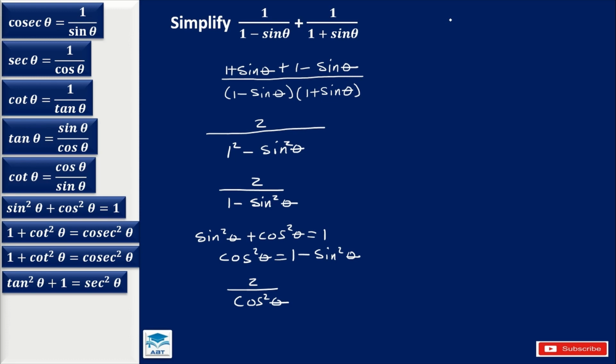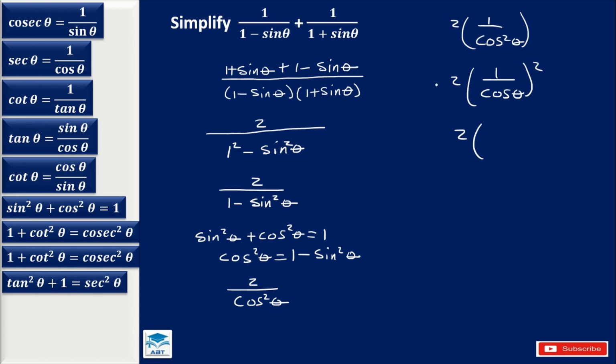This can be written as 2 outside and then 1 over cos squared theta, since 2 times 1 is 2. So 2 outside, 1 divided by cos theta all squared, since 1 squared is equal to 1, and cos theta squared is cos squared theta.